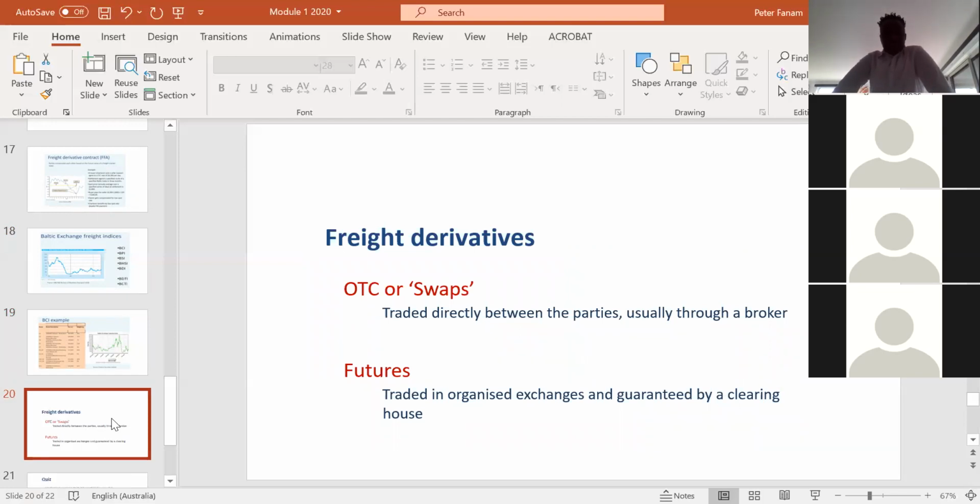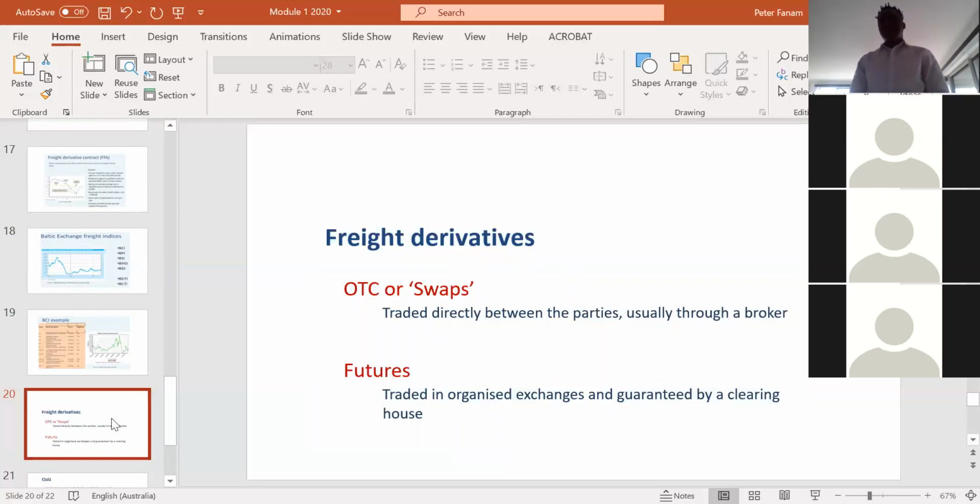The final point is about how freight derivatives work. We have two forms. The first is what we call the OTC, or over-the-counter offer, or the swap offer. Over-the-counter is a form where two principals, the ship owner and the charterer, come together to engage in a freight derivative contract with a broker in between negotiating the contract for them.